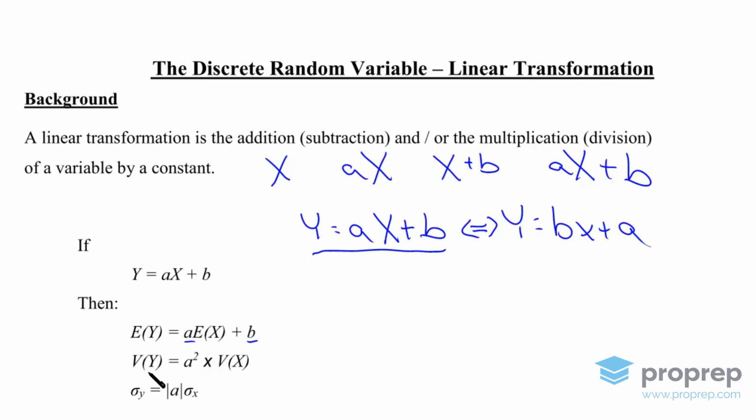And for the variance of y, it's a squared times the variance of x, with the same a. Once we've calculated the variance, the standard deviation is easy. It's just the square root of the variance of y, which is equal to the absolute value of a times the standard deviation of x.